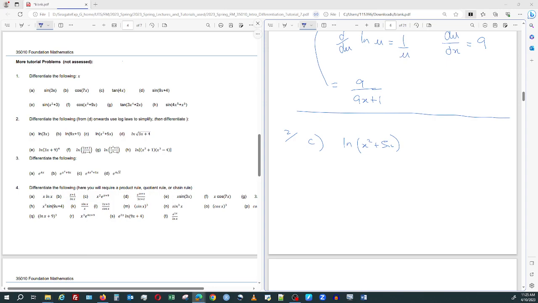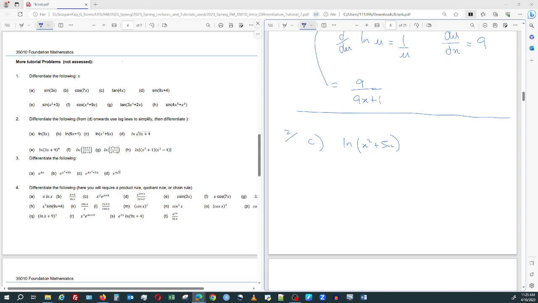So just getting a few things sorted out here. Alright, so now look, the thing is it says to operate with the log laws. Strictly speaking, that's not necessary.